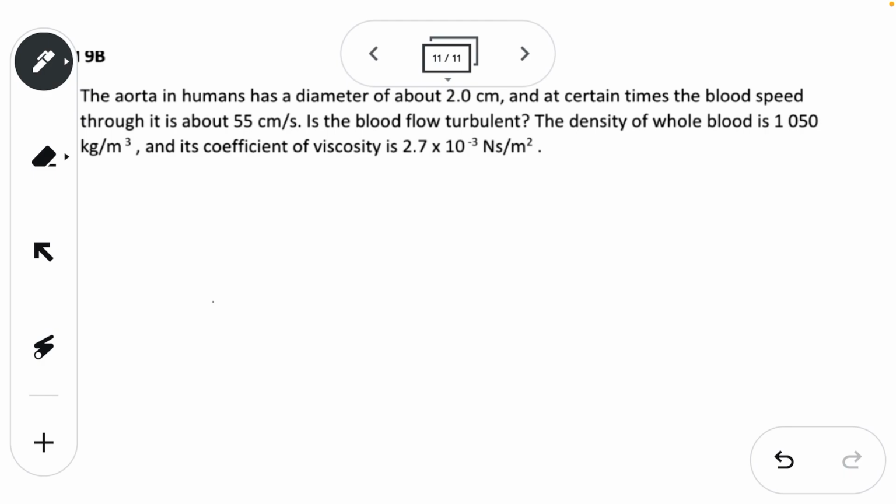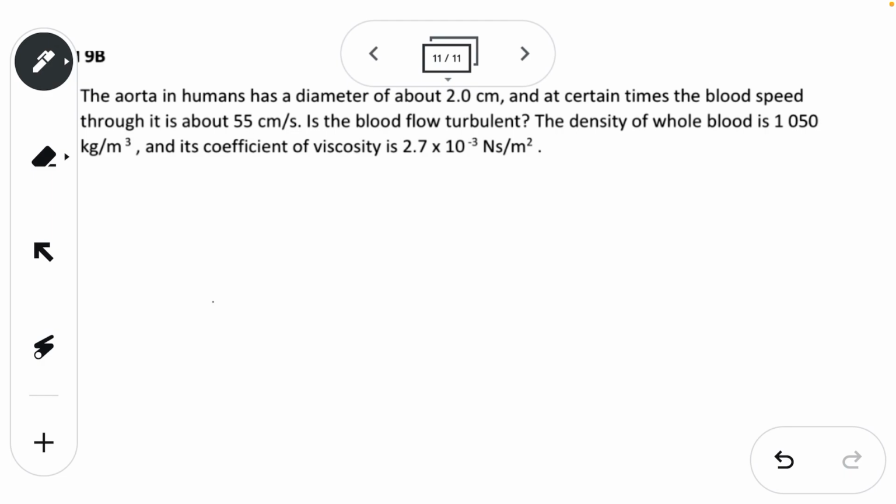Now in this video we want to determine the nature of flow of blood in the aorta. To determine the nature of flow of a fluid, we have to use the Reynolds number. The Reynolds number determines whether the fluid flow is turbulent or laminar.